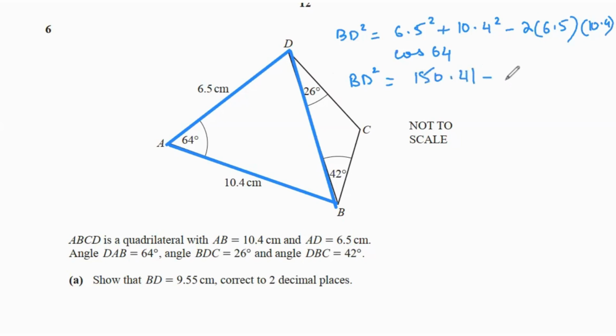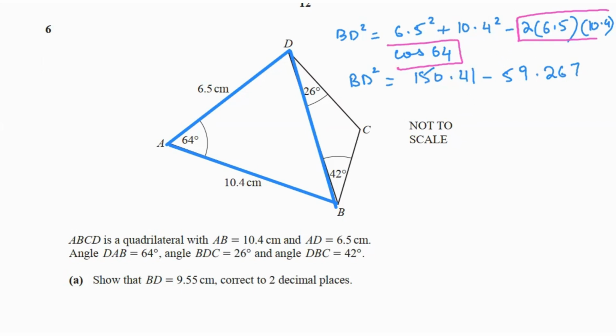150.41 minus 59.267. Remember, always solve this together: multiply these together, and then subtract the result from the sum of these two square numbers. Don't do it first, like subtracting 2 times 6.5 times 10.4 from 10.4 squared and then multiplying by cos 64.